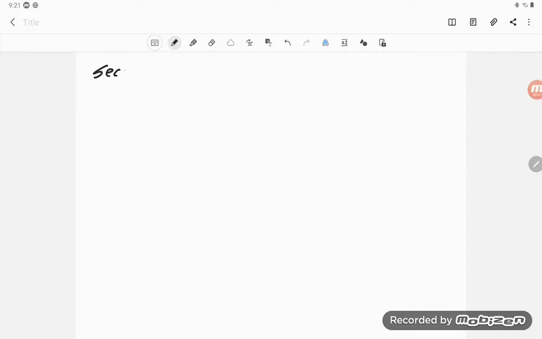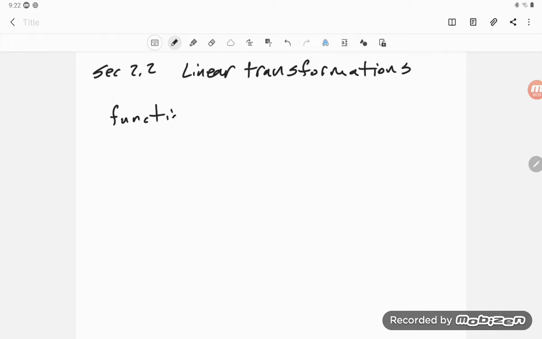This is section 2.2, and what we begin with are linear transformations. Now, this is an interesting thing. Let me toss in three words here: function, transformation, and the third one, let's do mapping.